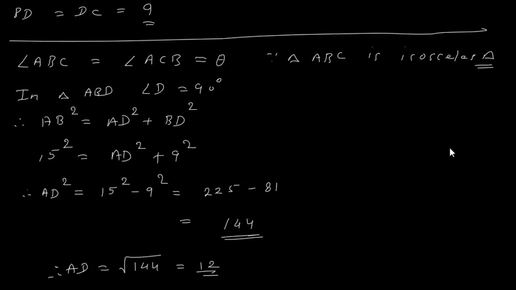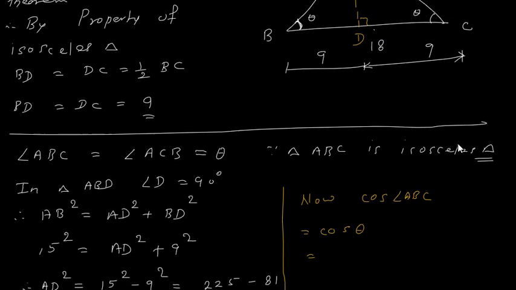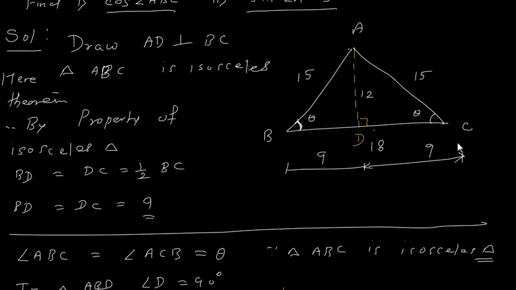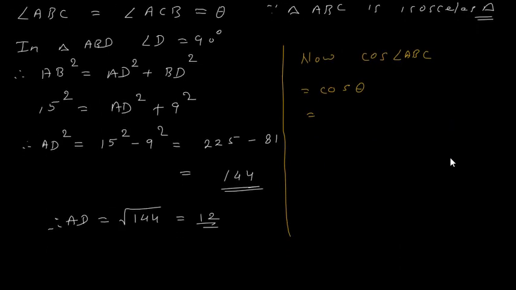So cos of angle ABC is equal to cos theta. Now cos theta is what? Adjacent, that is BD upon AB. What is the value of BD?